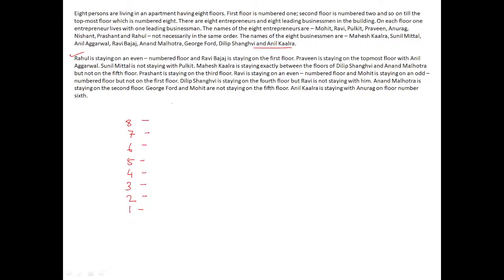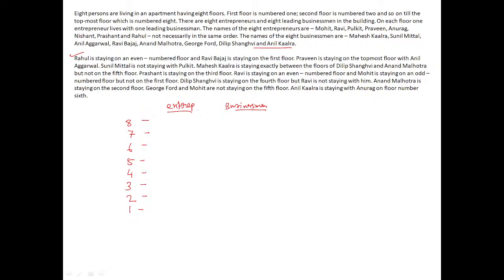And the respective entrepreneurs, and the businessman. Now read the statement and try to fill up this table. Whatever the exact, very clear statement is given there, try to put it in the table.